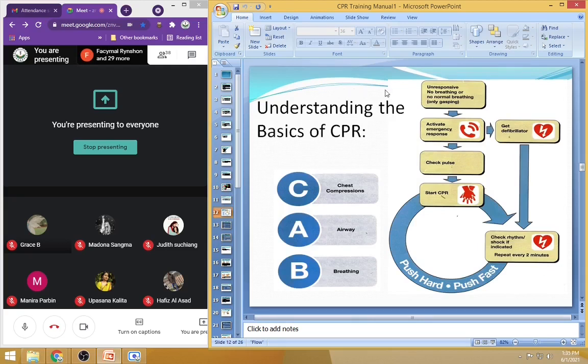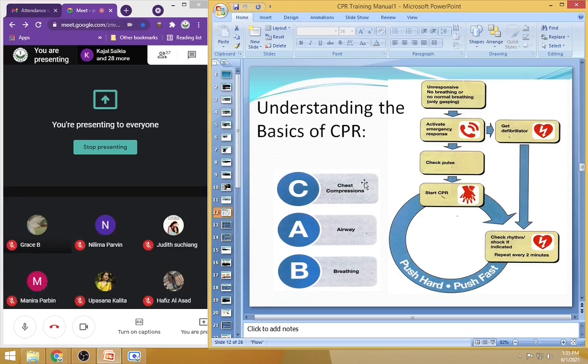Under the American Heart Association, we follow CAB, not ABC. First chest compression, then airway, then breathing. So first of all, compression, then open the airway.